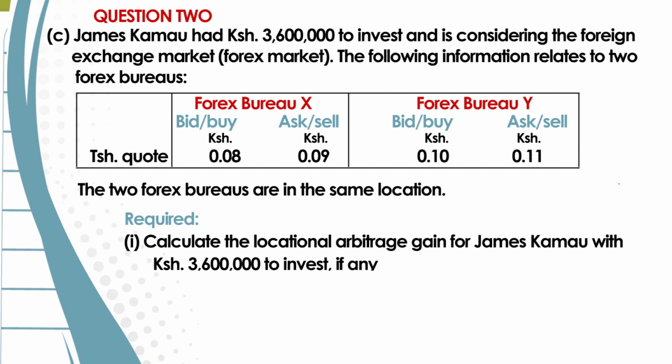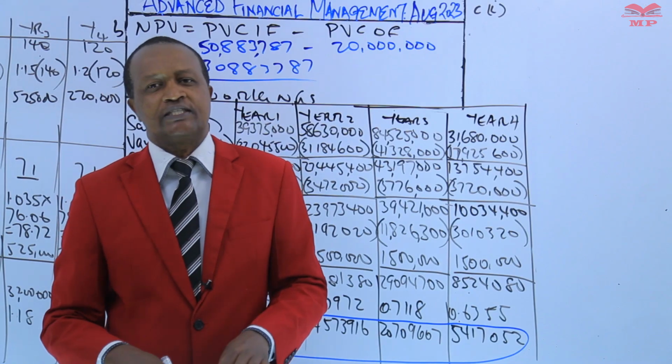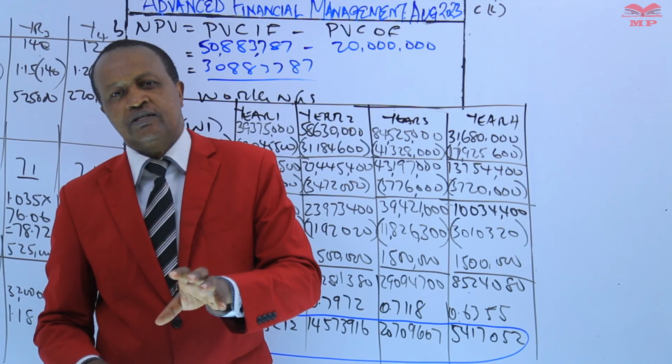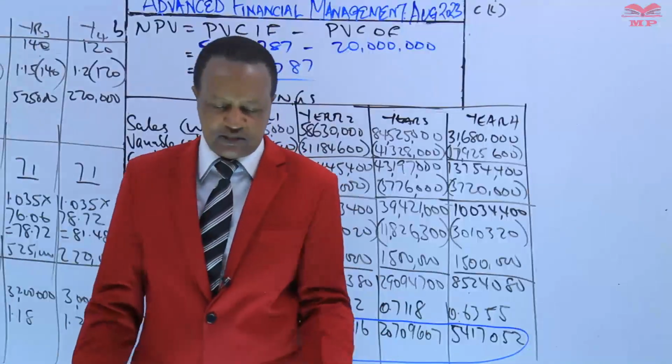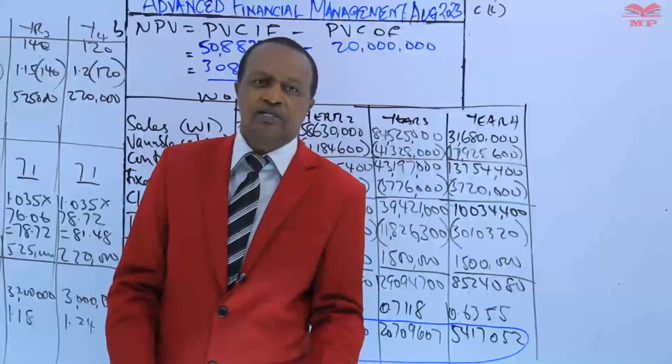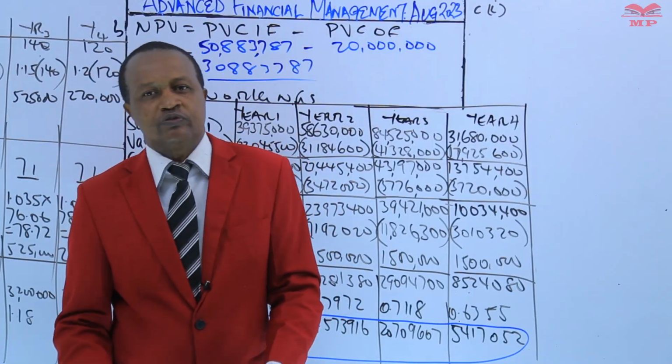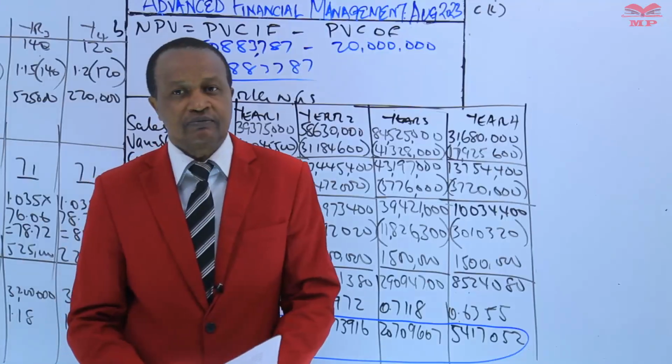So you see the exchange rates are different, but the asset is the same. So locational arbitrage gain is the profit that one earns by exploiting price differences for the same asset in different markets. This strategy capitalizes on the fact that prices can vary due to many factors like market conditions and geographical disparities.